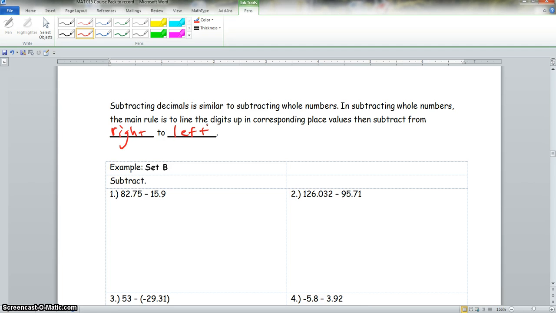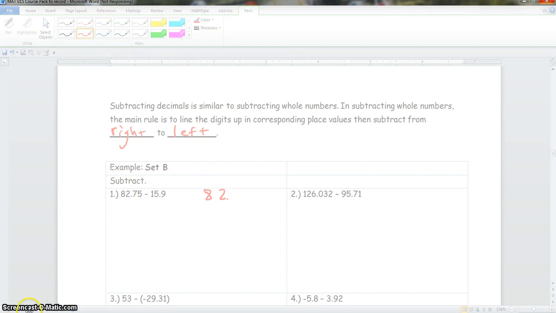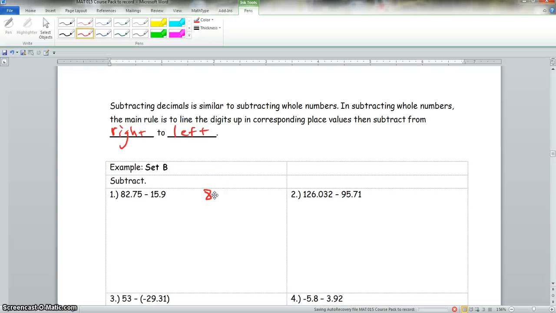Okay, now let's go here to number 1. We need to line this up. It's 82.75 minus 15.9. We have to make sure everything lines up. These are the hundreds, the tenths, the ones, and the tens. We bring down our decimal. 5 minus 0 is 5.